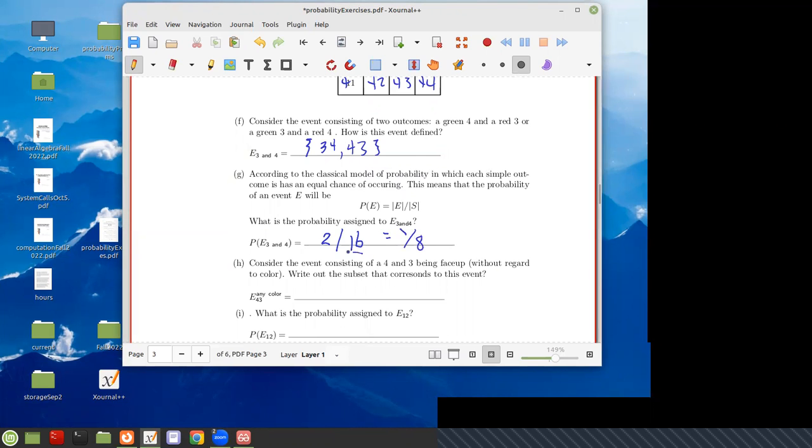This is actually the better answer in a way, because 1/8 gives you a better sense of the size of the probability, but 2/16 indicates more closely what's happening in the definition.